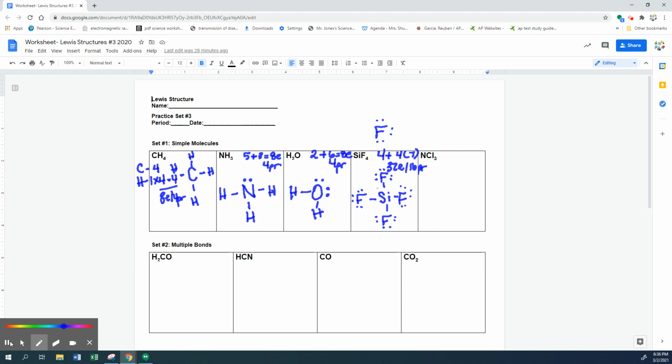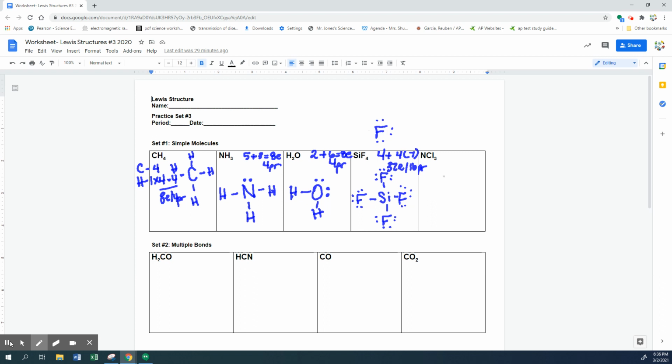For now, we need to check to make sure everything's happy. Each fluorine is good with 8 electrons: 6 electrons, and then 1 bonding pair. And then the center silicon has 4 bonds to it, so it's happy as well.